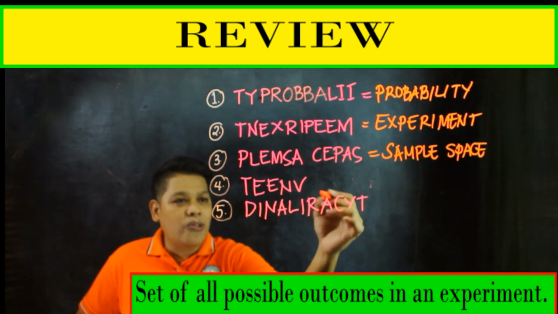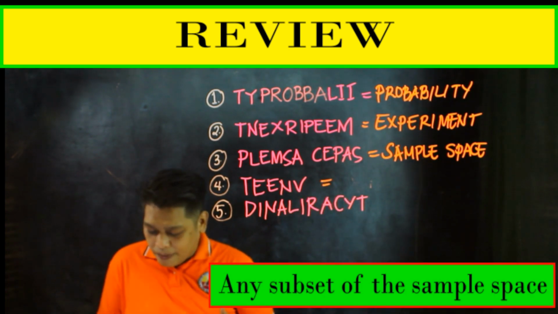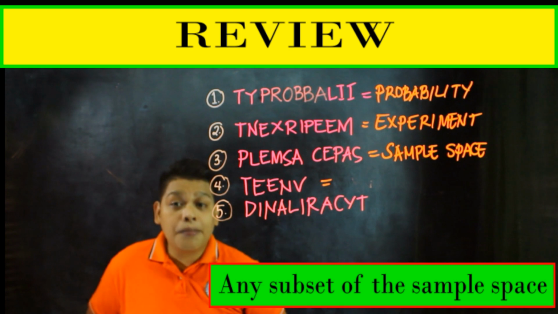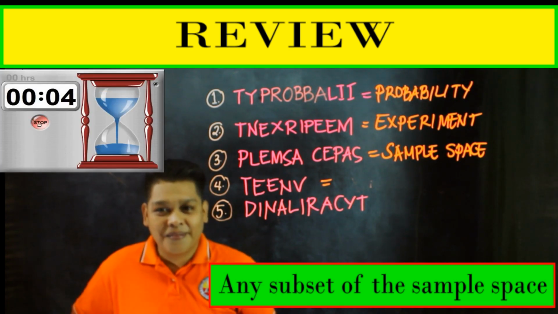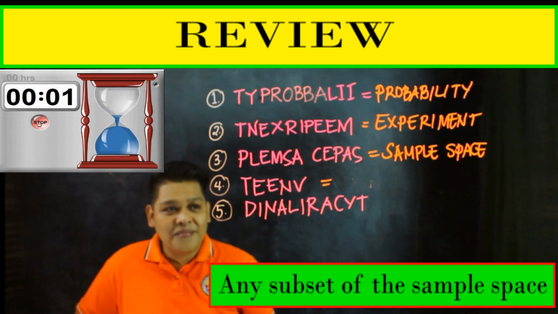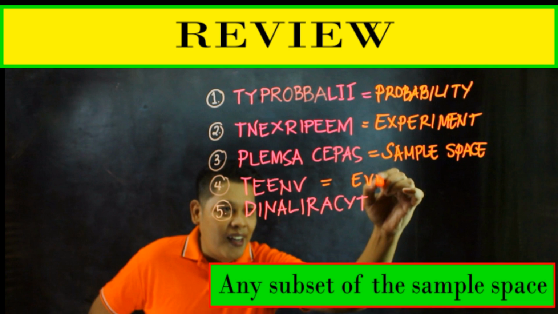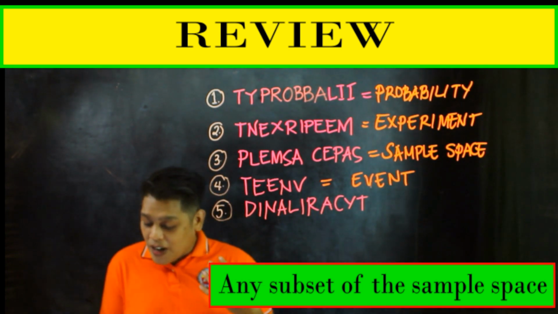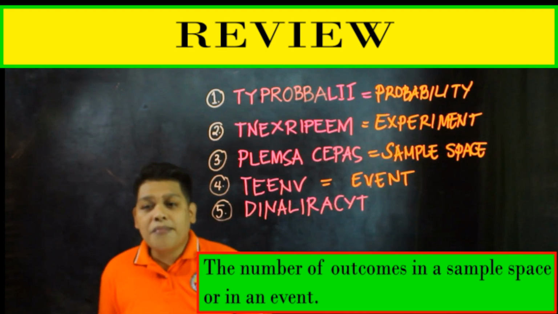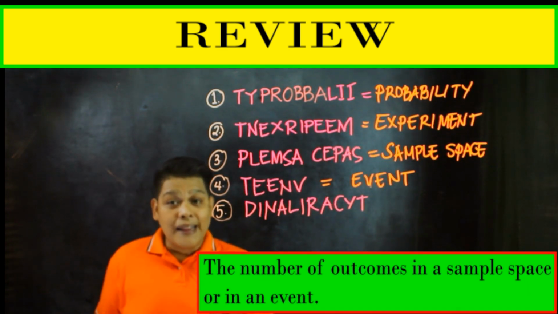How about number 4? So number 4, any subset of the sample space. So 5 seconds. So the answer will be event. How about number 5? So the definition for number 5, the number of outcomes in the sample space or in an event.